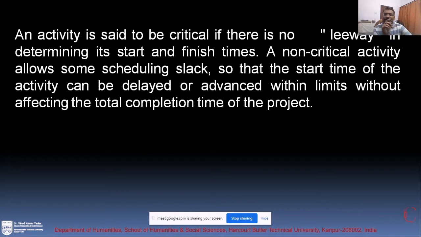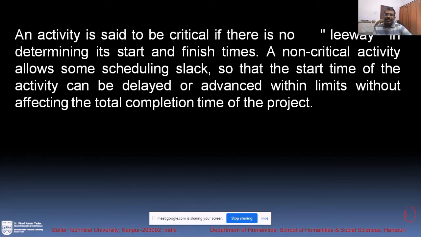Now if that node 2 is a terminating point of more than 2 activities, you must understand the earliest when you can start this D activity and the latest when you can start this D activity. If there is a gap, that means the earliest start time and latest completion time are not the same, then that activity would be called non-critical and there is a leeway.